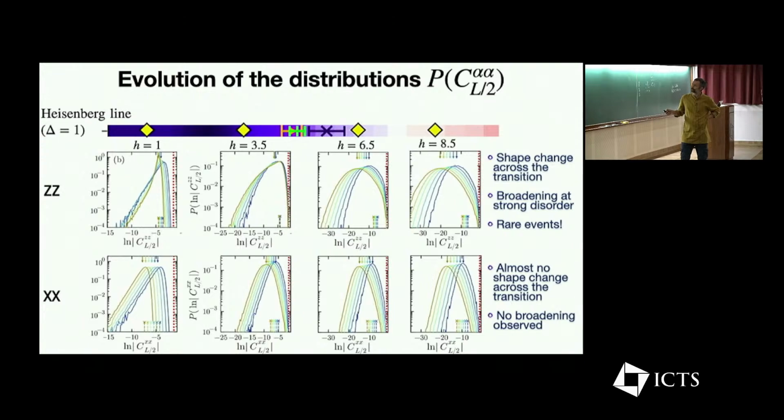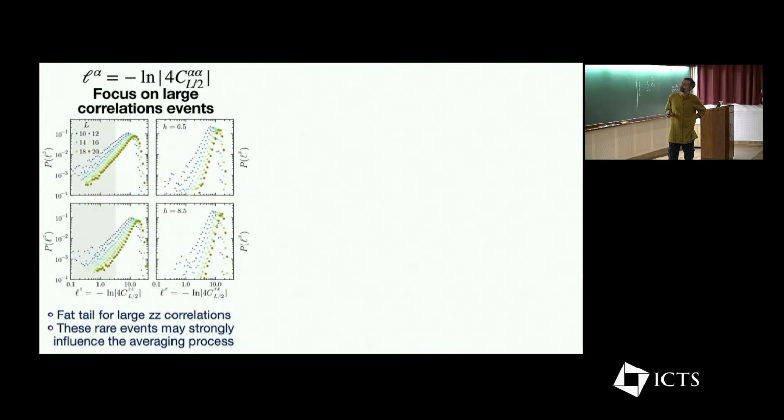And more importantly, if you look, for example, at this part of the distribution, this part are large correlations, the largest possible. The largest possible is 1/4, and here it's log scale, so log 1/4 is here. There are some rare events, and we want to put our focus here on these rare events. To do that, we make a very simple change of variable.